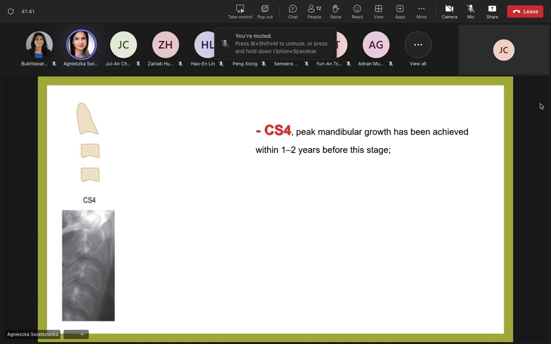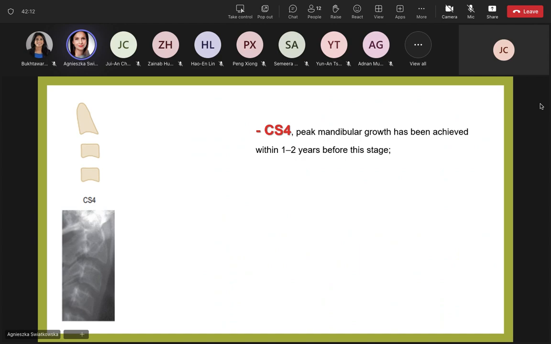So we can expect that we still have about 25% of all the growth. But the most intensive growth took place 1 year ago. So this is not a good time to start functional treatment. Rather, at this time we should finish functional treatment.